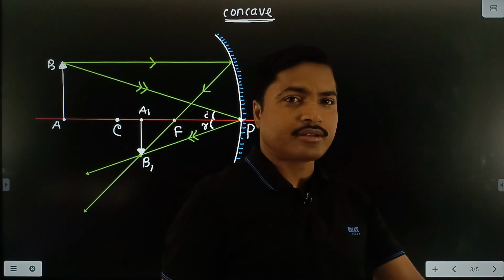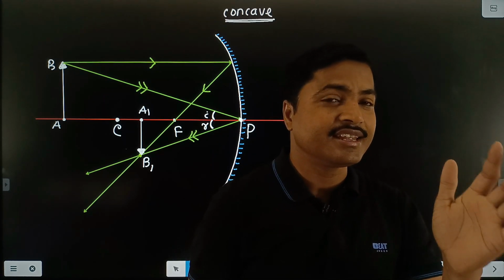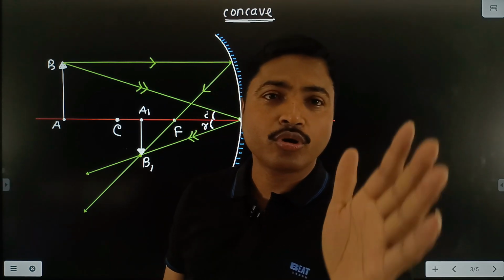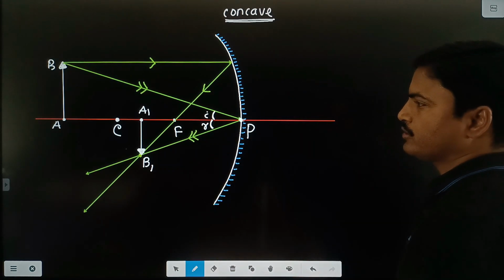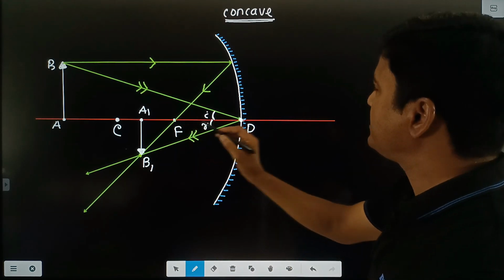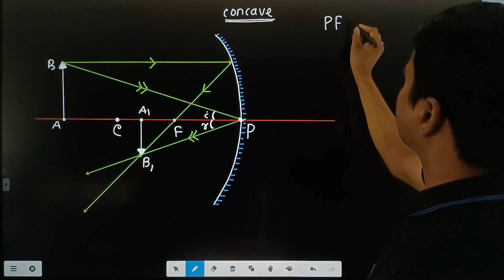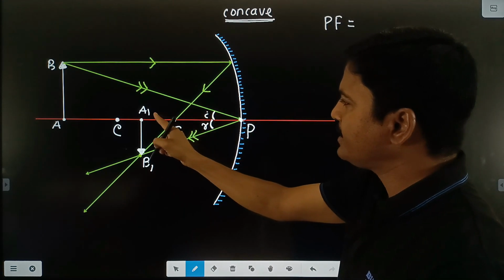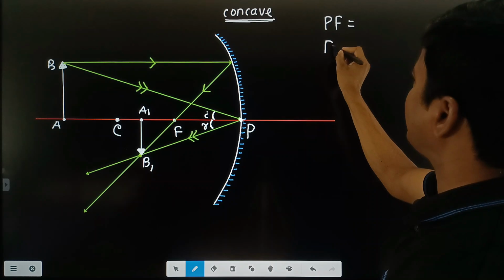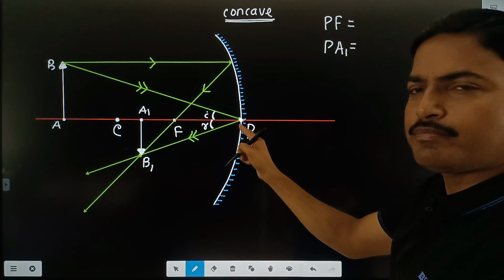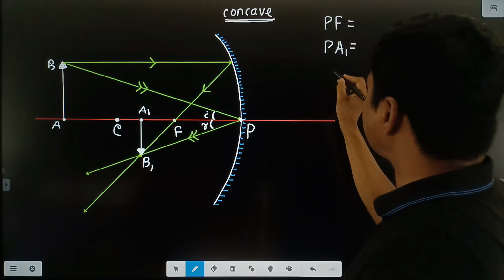Then we write all the measurements in the case of a spherical mirror always starting from the point P. P means pole, so we write PF first. Next PA1. Always the measurement starts from point P. Again we write PC.